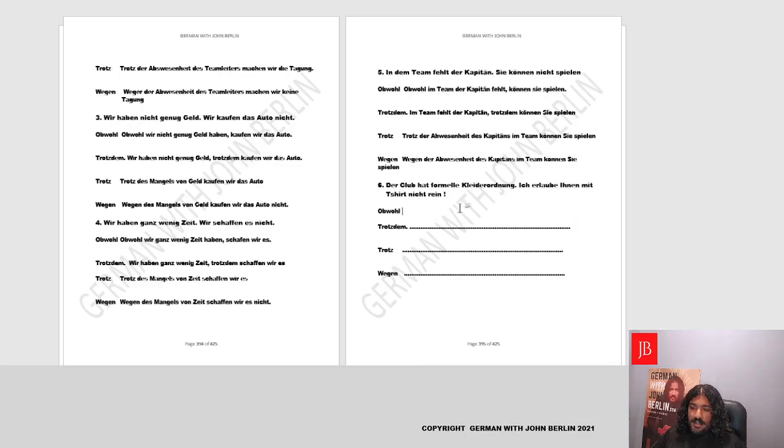The reason is that the club has a formal dress code. We could say, although the club has formal dress code, I allow you all with the t-shirt in. So, obwohl, yes, obwohl der Club formelle Kleiderordnung hat.